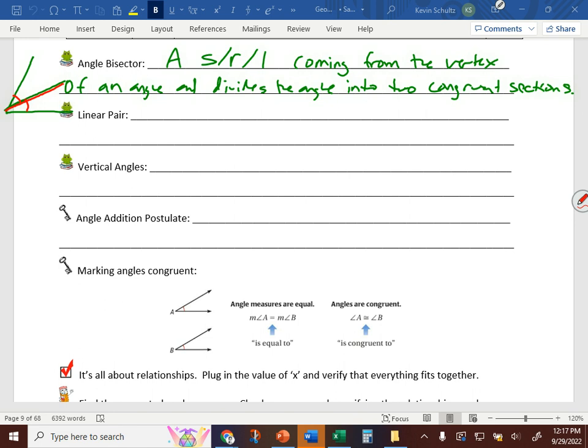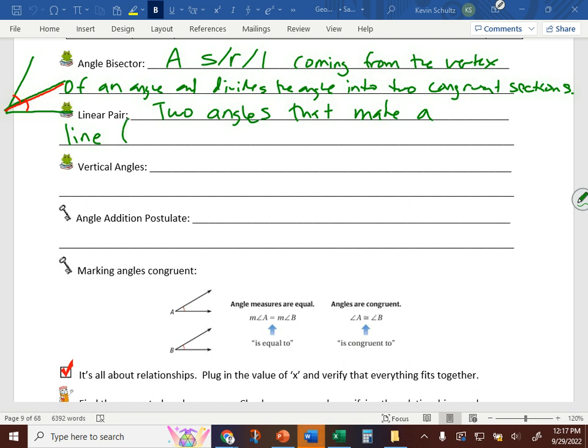Linear pair. Linear pair. Look at the word linear. We talked about that last year. Line. Pair is like two. So a linear pair is two angles that make a line.